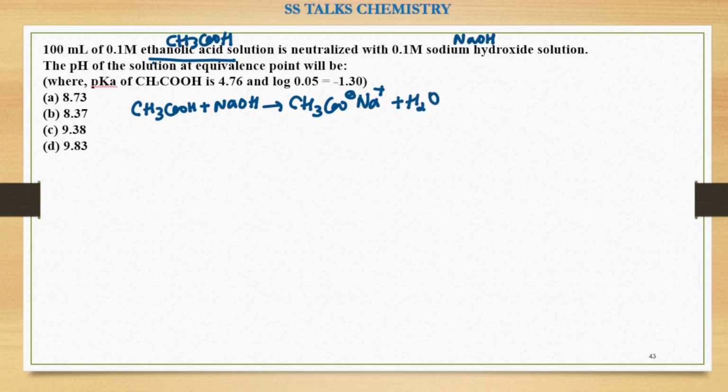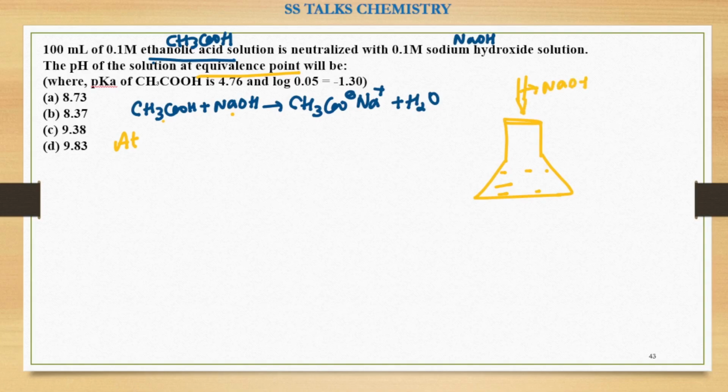Now a term given to us here is the equivalence point. What is meant by the equivalence point? At the equivalence point, the acetic acid that you have is completely reacted with the NaOH, right? In the conical flask you have the acetic acid, and from above you add the NaOH.